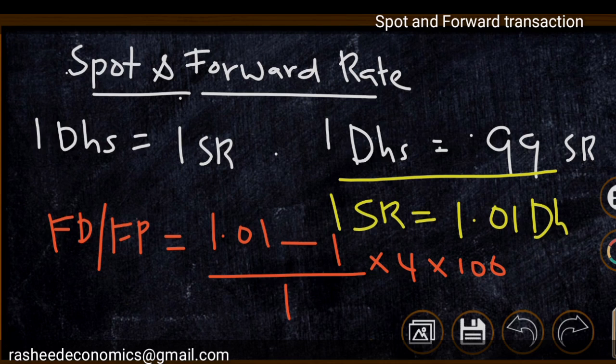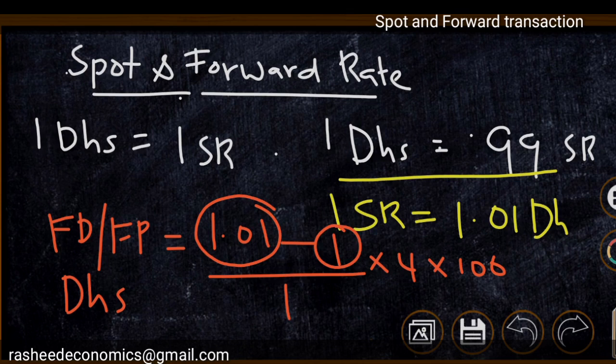In this case we are considering the dirham, and in the previous example we considered the Saudi Riyal. Here the value 1.01, the forward rate, is higher than the spot rate.